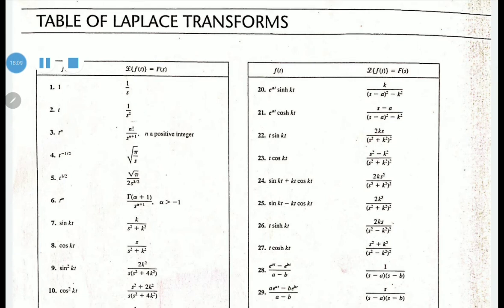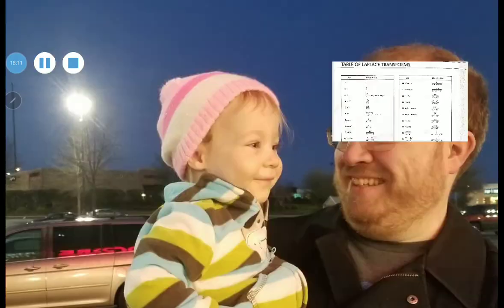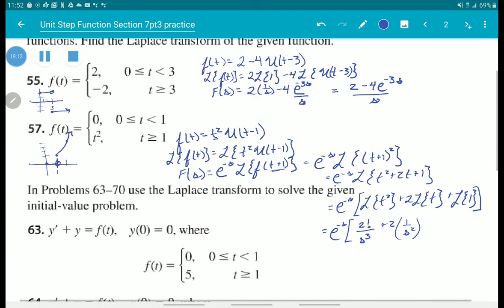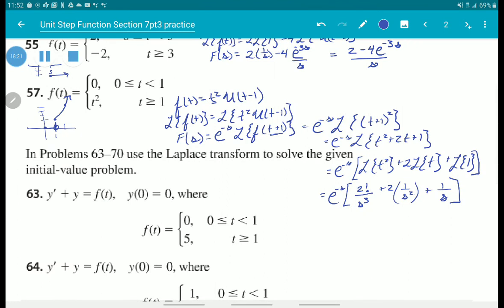T squared would be 2 factorial over s cubed. And then 1 is 1 over s. So I'm just going to write this just a little bit neater. We have e to the negative s, and that's multiplied by 2 over s cubed plus 2 over s squared plus 1 over s. So there's our Laplace. There's our final answer.